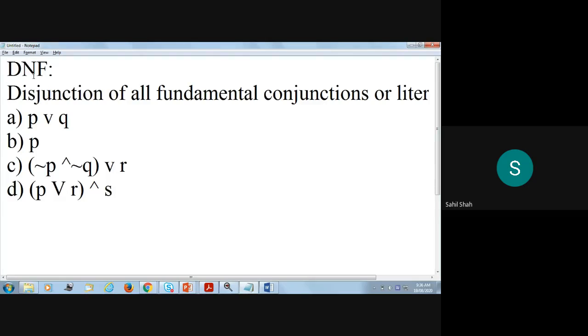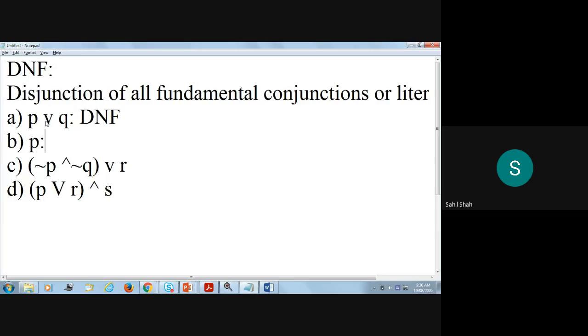What is the definition of DNF? Disjunction of all fundamental conjunctions or literals. We can write this P using the idempotence law as P conjunction P, so it can be assumed as a fundamental conjunction or a literal. I have to look whether the middle symbol is or and the two connected propositional variables are fundamental conjunctions. P is a fundamental conjunction as well as Q, and this or is present in between. Hence, this is in DNF.